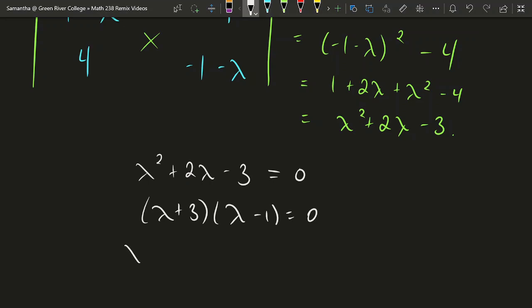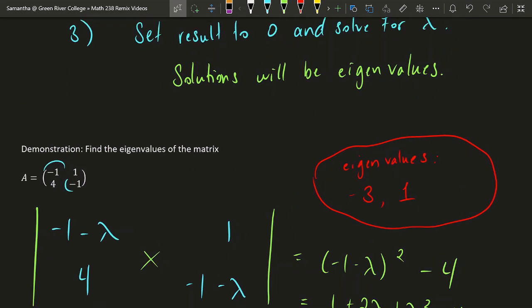And from that, I can deduce that lambda must be -3 or lambda must be 1. And these two numbers, these two solutions, these two lambda values coincide exactly with the eigenvalues that we saw in the previous problem. So this technique can be used to find the eigenvalues of a 2 by 2 matrix.